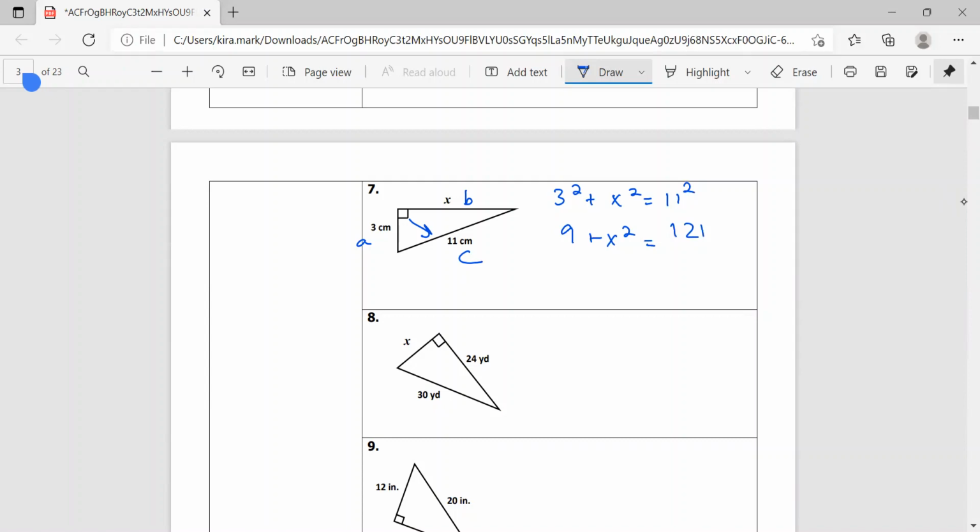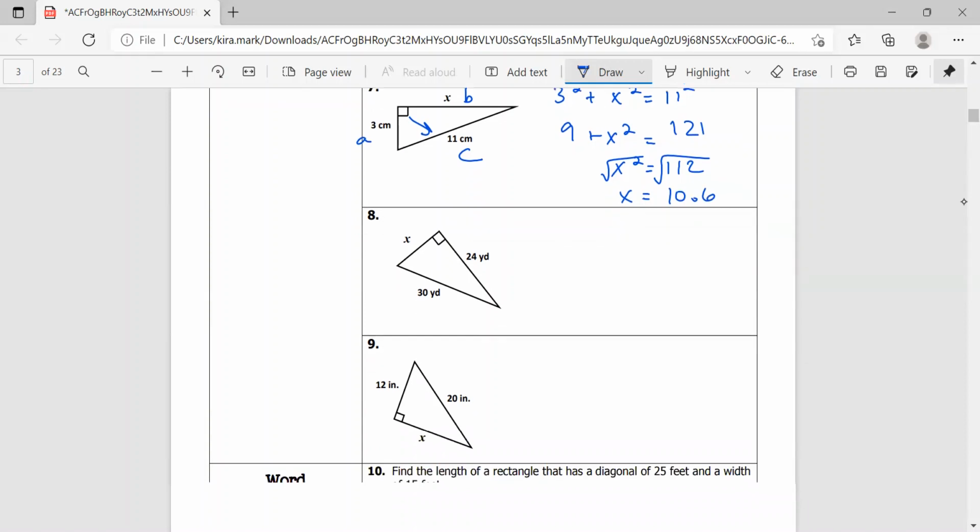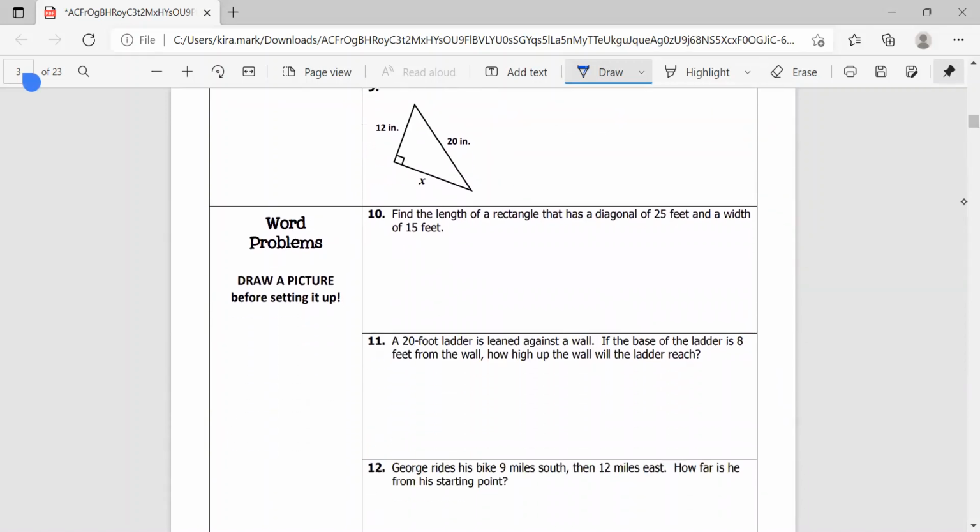Do 121 minus 9. I get 112. So it's going to be really close to the last one, because the last one was 113. It wants me to do the same thing, round to the nearest tenth. So I get 10.58. So that 5, 8, the 8 rounds it up to 10.6 again. Not all of them are going to be 10.6.